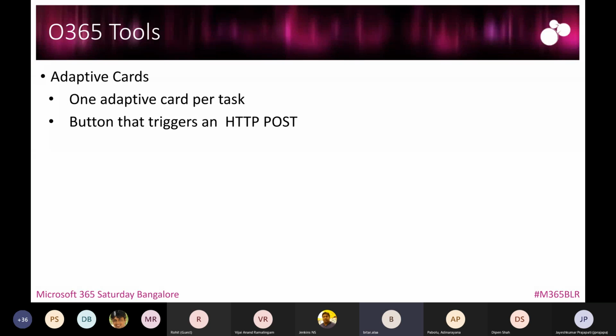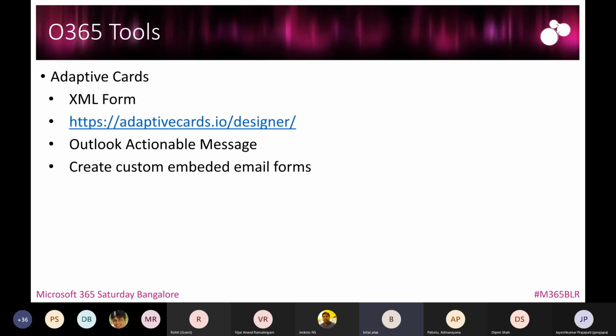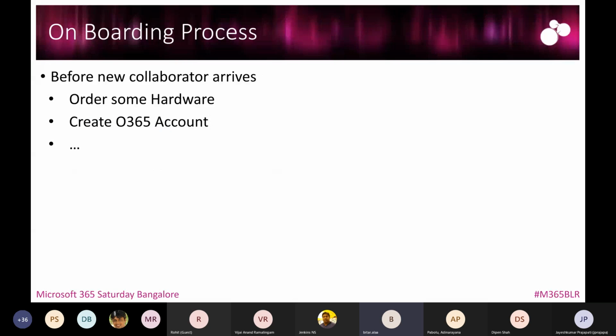If we think about it, we can have one adaptive card per task. When we say a task, for example, if we go back a little, create an Office 365 account. If I want to automate the creation of the Office 365 account, what do I really need? If I transpose it into a form, what do I need in order to automate this?